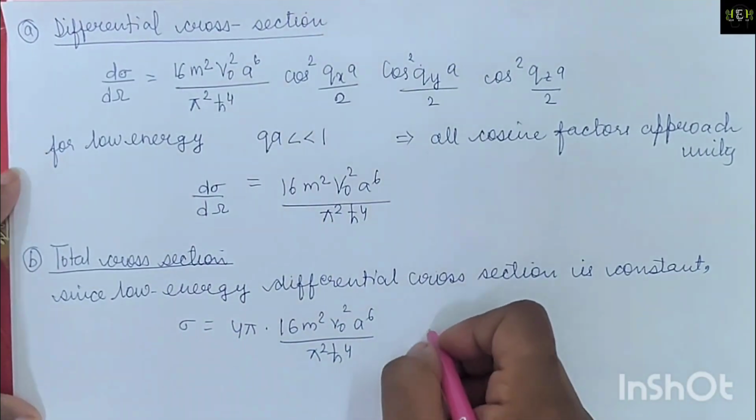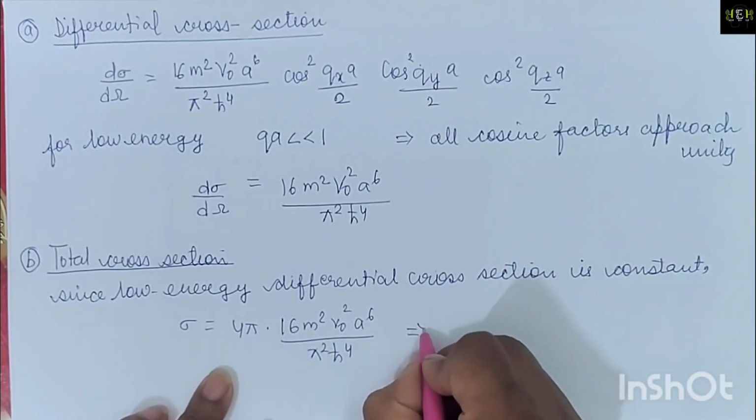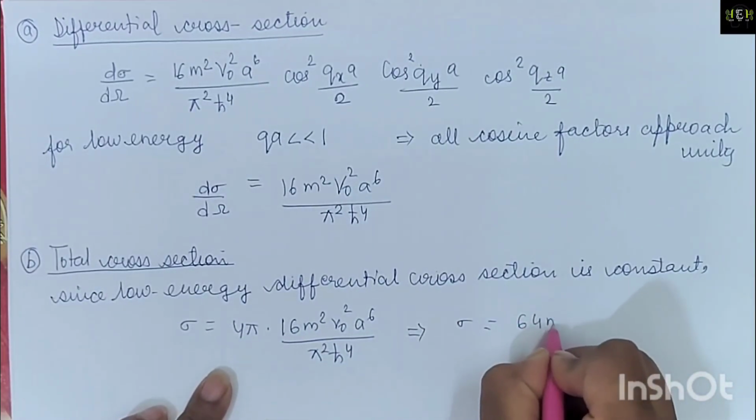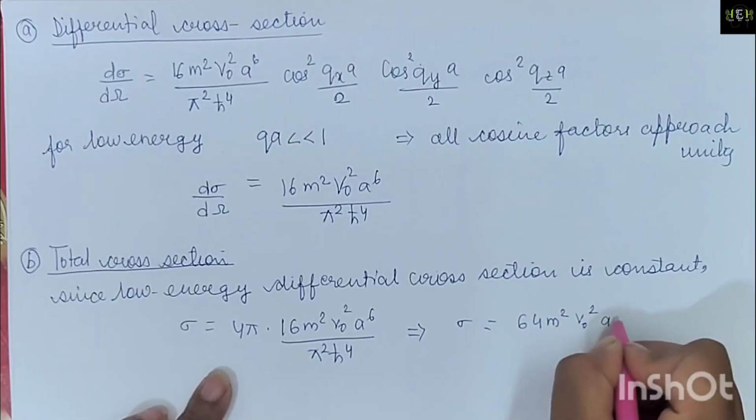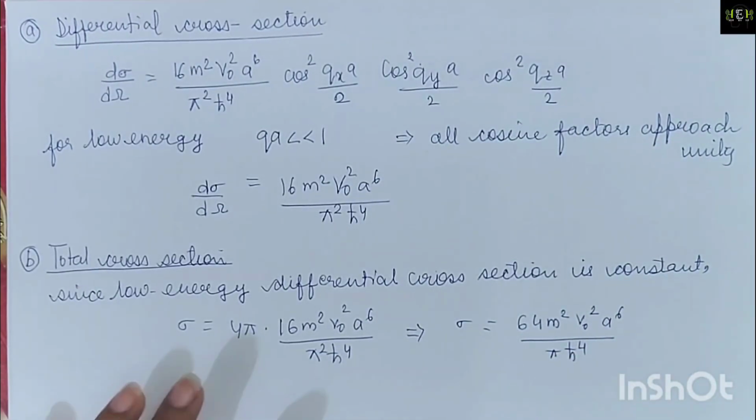So finally, 16 into 4, and one pi cancels out. My answer will be sigma is equal to 64 m square V naught square a to the power 6 over pi h cut to the power 4. Is this okay? Okay now? Chalo.